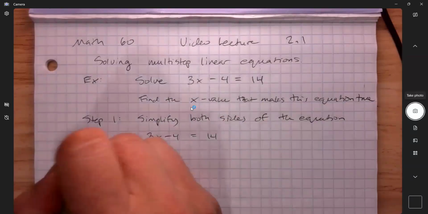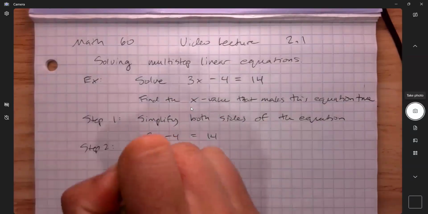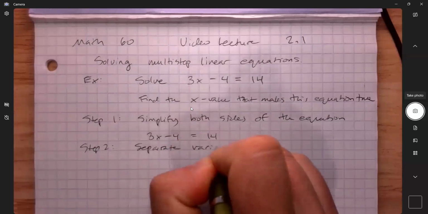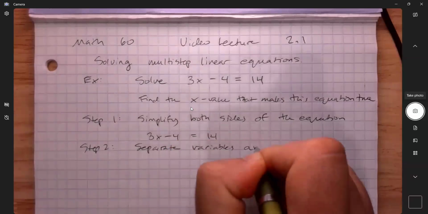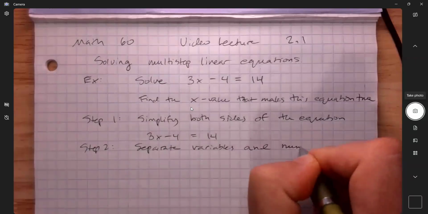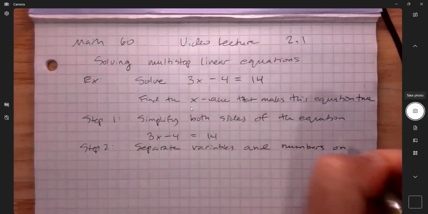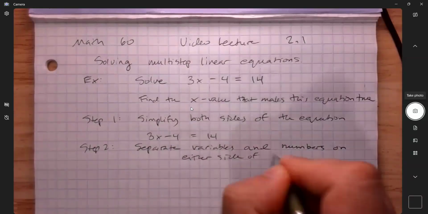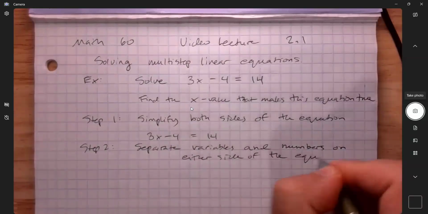Then we want to separate the variables and the numbers on either side of the equal sign.